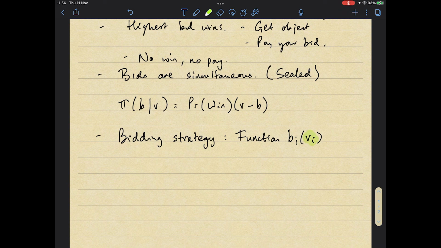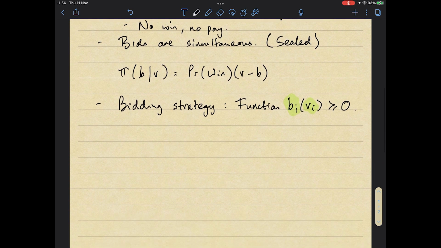So I take my value Vi, I plug it into my function Bi, and then out pops a bid. Okay, so this would be a non-negative number. Okay, so this function describes, I don't need to know the person's value straight away. In a sense, I could just learn the rule that they use to turn whatever their value happens to be into a bid.